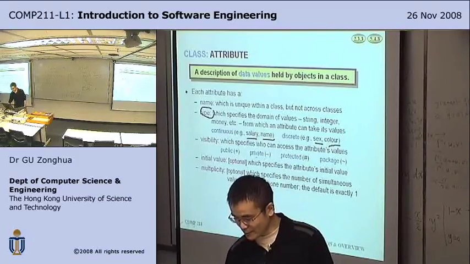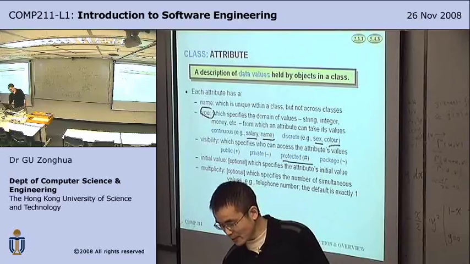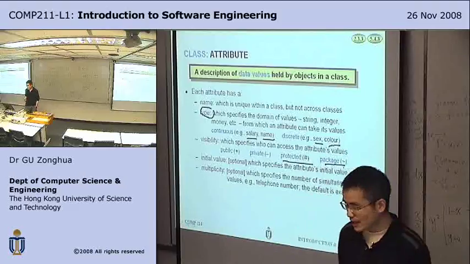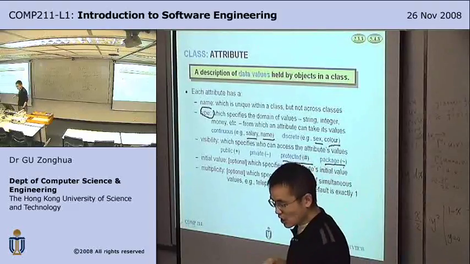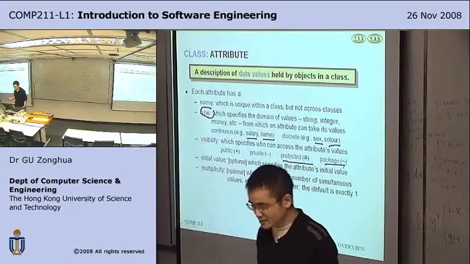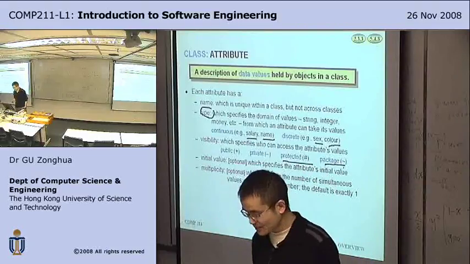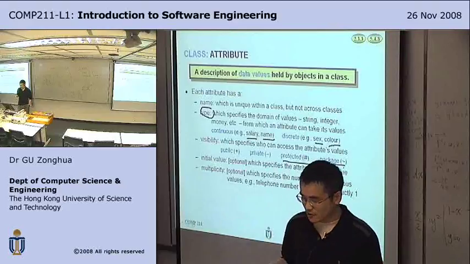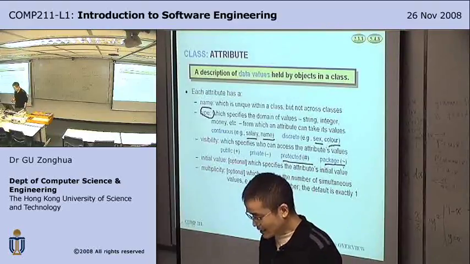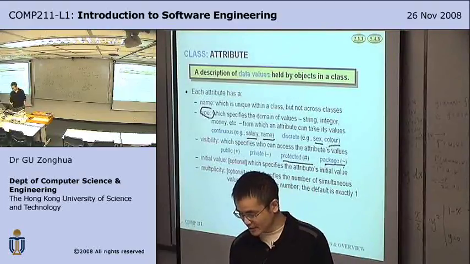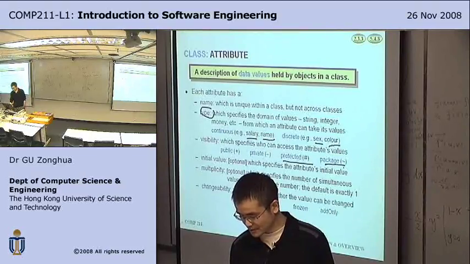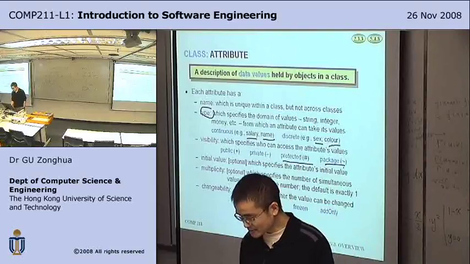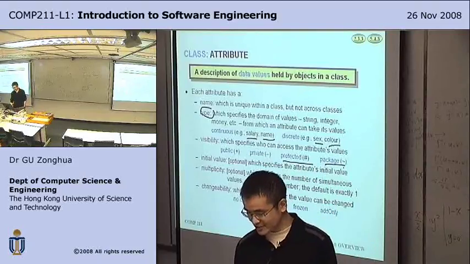So visibility is public, private, protected, and package. Protected attribute can be seen by the class and all its subclasses in the inheritance hierarchy. A package visibility means that it can be seen by classes in the same package, which we discuss later. Changeability, whether it's no constraint, that is you can change it any way you like.